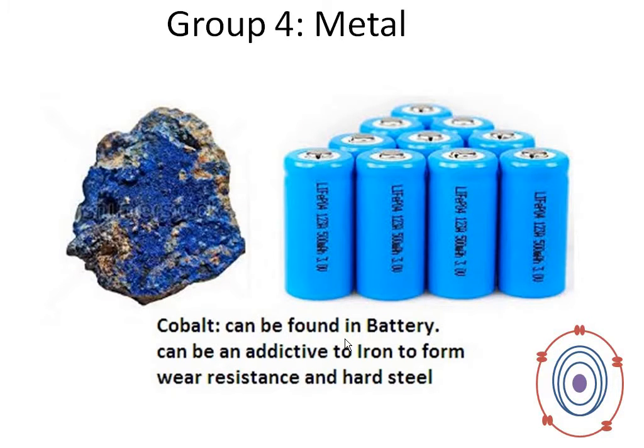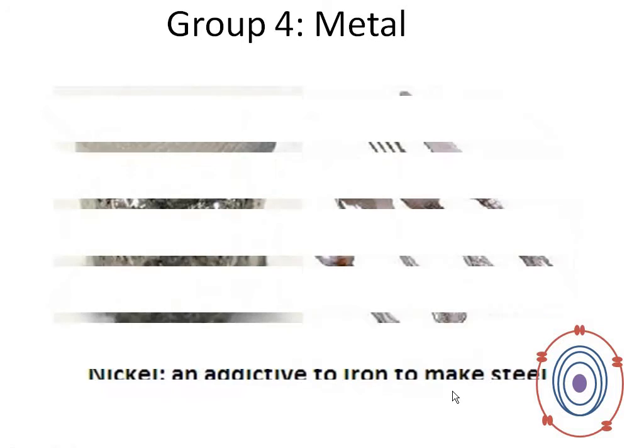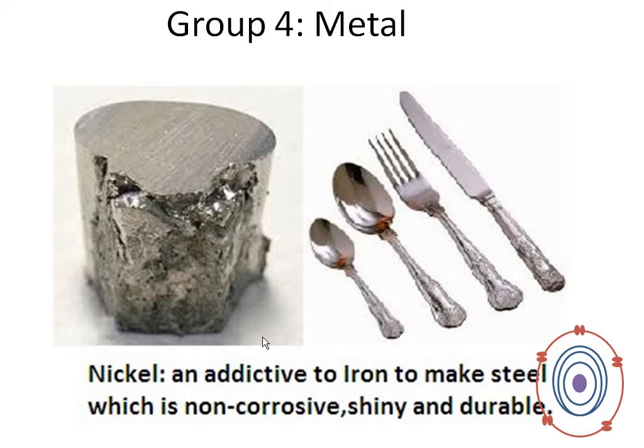Cobalt can be found in batteries, and can be an additive to iron to form wear resistant and hard steel. Nickel, an additive to iron to make steel which is non-corrosive, shiny and durable. It is used to make spoons and knives.